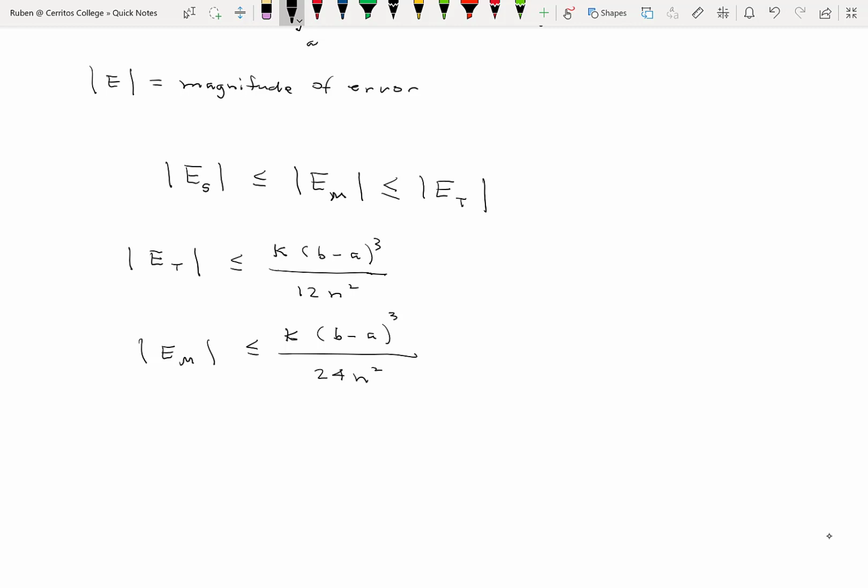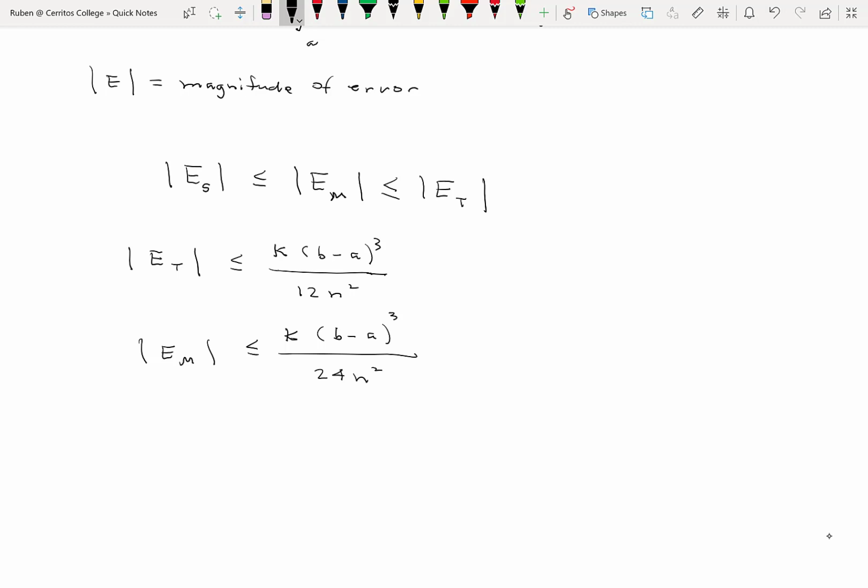Okay, and again, the a and the b are just the lower and upper limits of integration. The k, that constant k, is what makes the error estimates difficult. In fact, and I don't have a soft way to put this, that k and the corresponding k in the error estimate for Simpson's rule that's coming up is probably in the top 3 to 5 things in the course that are the most difficult.